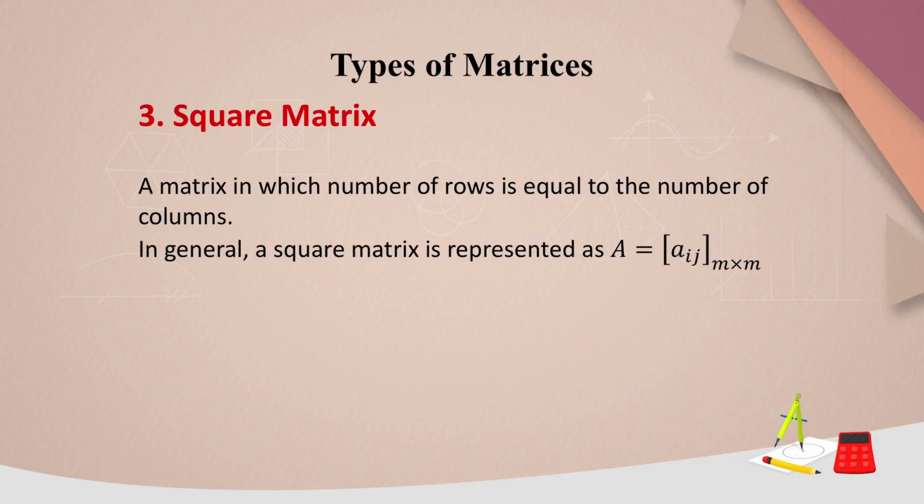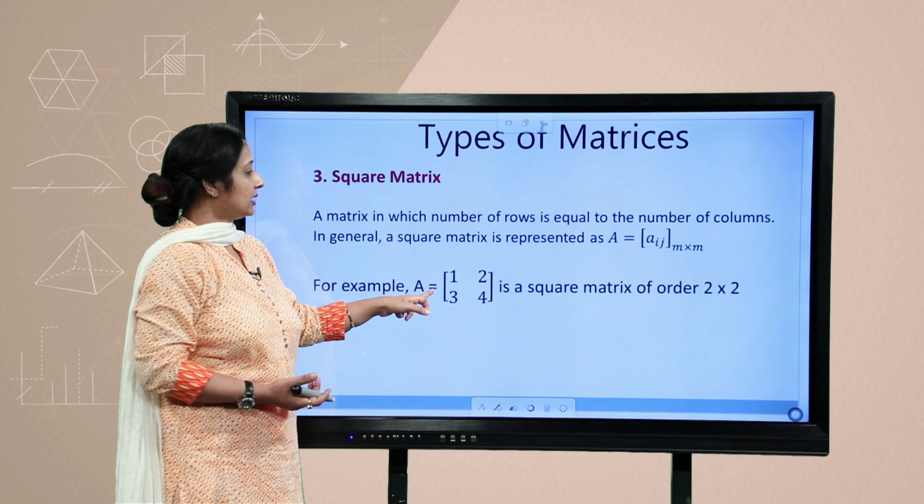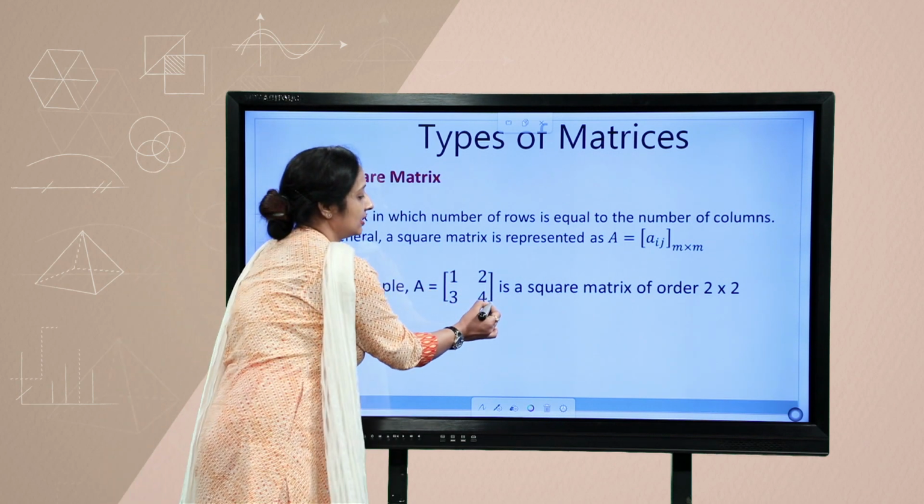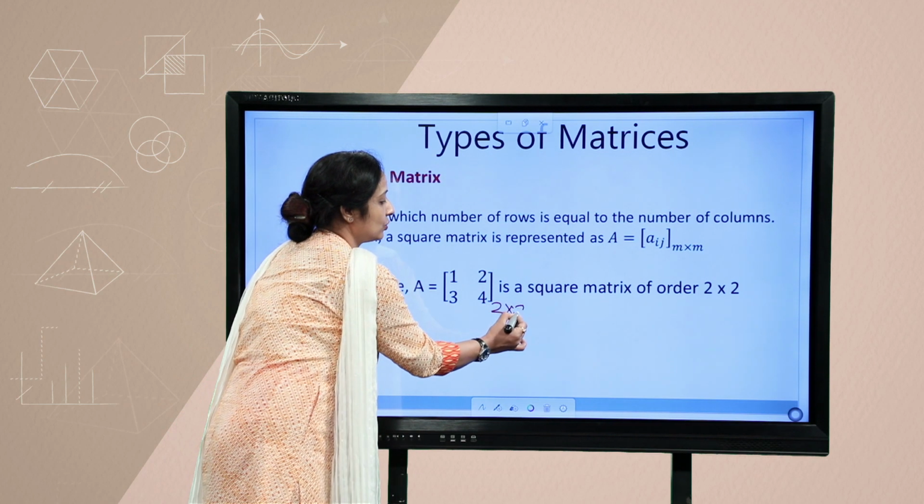Next is the square matrix. As we know, the speciality of a square is it has length and breadth equal. So similarly, if we have the number of rows equal to the number of columns, it becomes a square matrix and its order is m by m or n by n, that depends. For example, if I take a matrix like this, 1, 2, 3, 4, it has 2 rows and 2 columns.